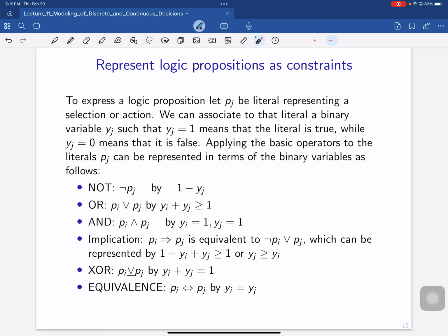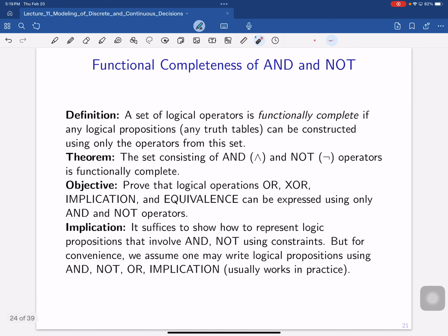This theorem says a set consisting of only two logic operators, the AND operator and the NOT operator, is functionally complete. So as long as you have the AND operator and the NOT operator, you can represent any logic conditions you want to represent.